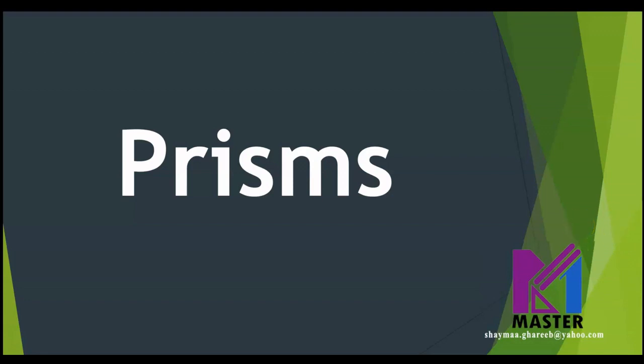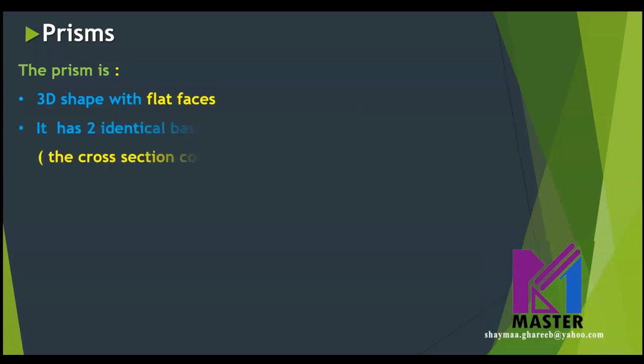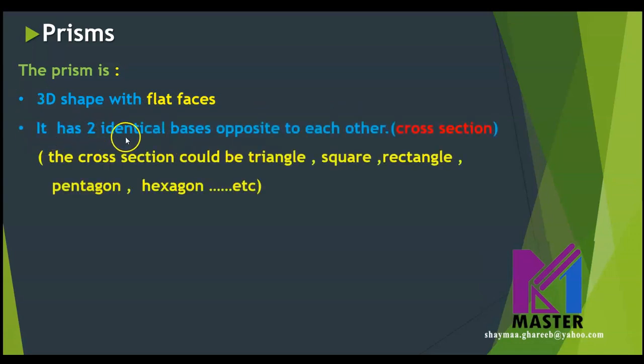What is the prism? The prism is a 3D shape with flat faces, so all faces should be flat faces. It has two identical bases opposite to each other. We call them the cross section.